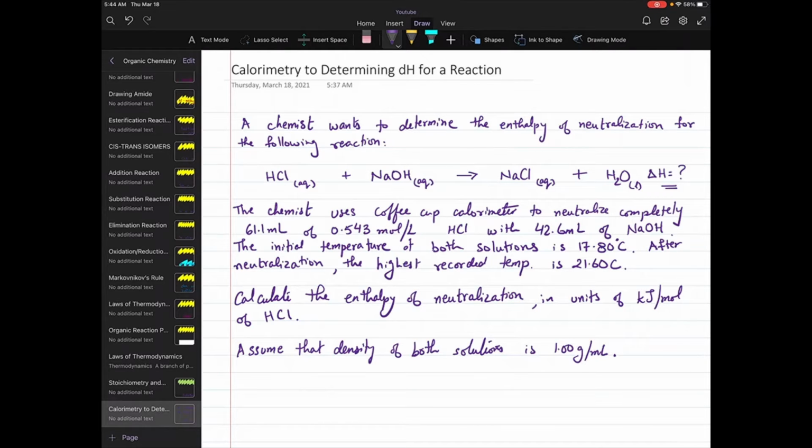Also assume that the specific heat capacity of both solutions is the same as the specific heat capacity of water.